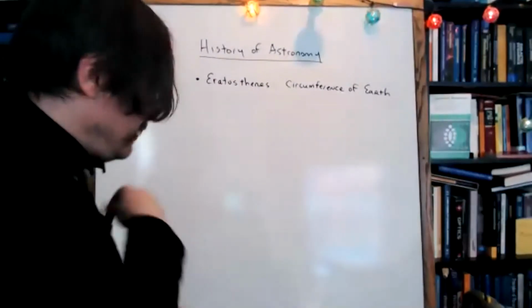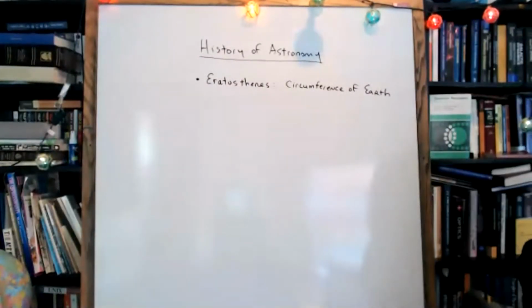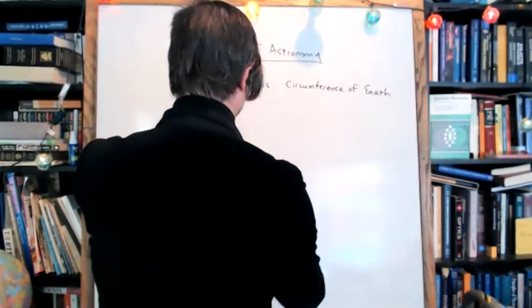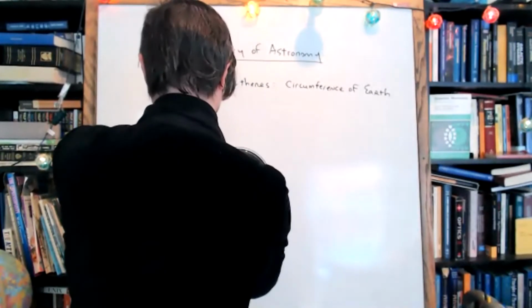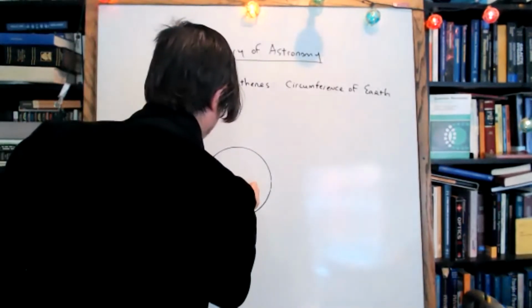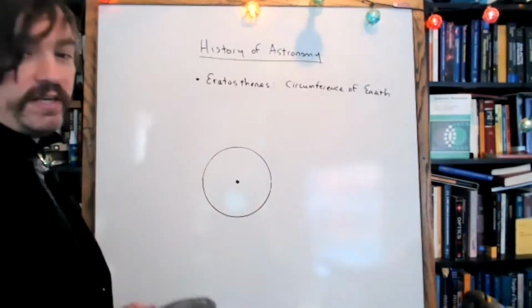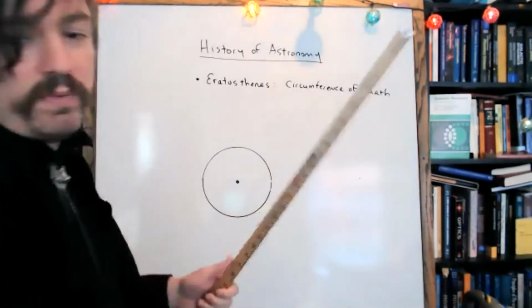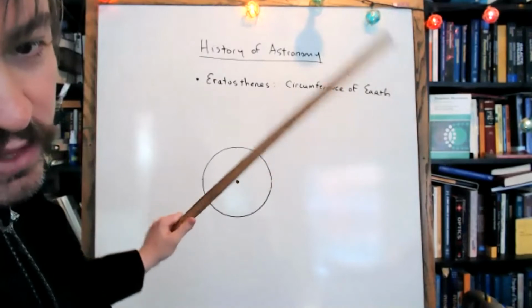Here's what Eratosthenes did. Let's go through his argument. Let's start by drawing a little circle. And what we're going to do is put a dot in the center of our circle, and we're going to make two sticks, one which goes to Syene in the south, and the other which goes to Alexandria in the north.